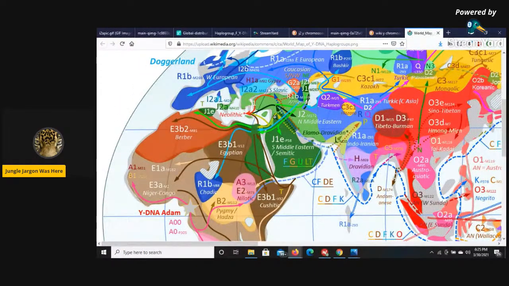Canaan is not in here. Canaan is lost, dispersed among the Phoenicians, etc., and the Jewish people.